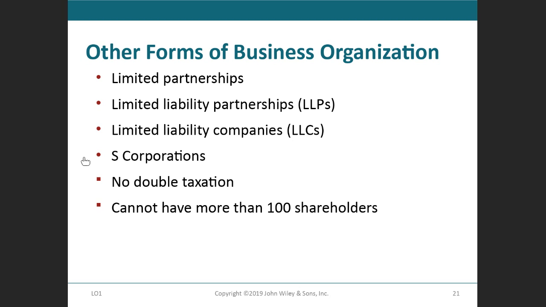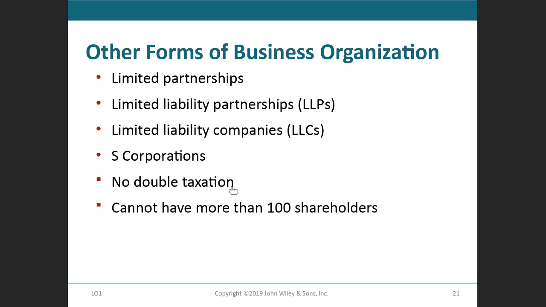An S corporation is different from a regular corporation in that the corporation itself does not have to pay any tax. The earnings are distributed to the shareholders or the stockholders, and they pay tax on that. So the corporation is not subject to tax.